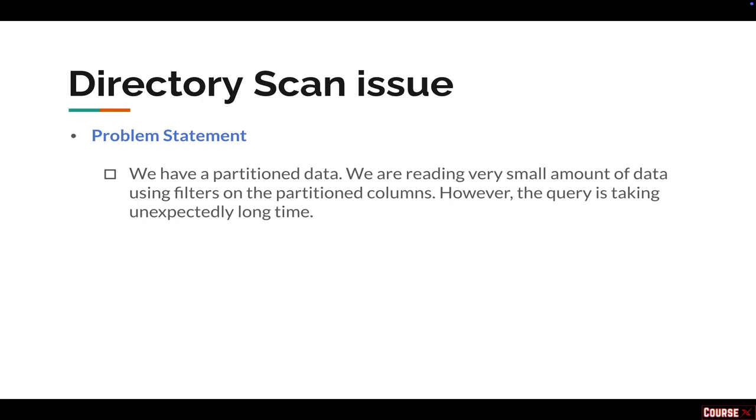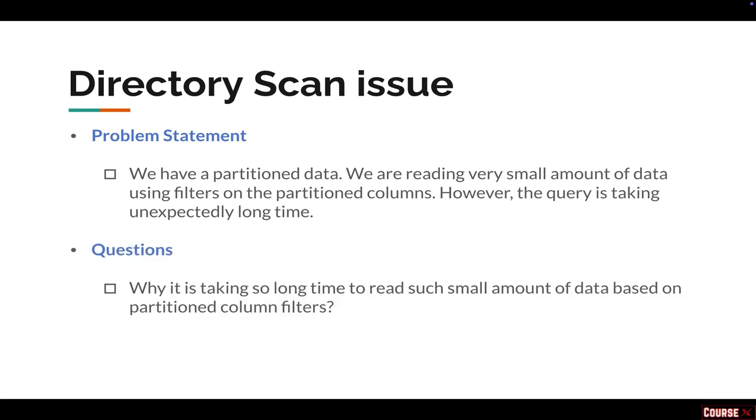So we know that if our data is partitioned based on certain columns and if we are using filters on those columns, then Spark will push the filters down to the storage layer to minimize the data read, right? In the last lesson we have learned that. So it was expected that the query will be taking much less time because the data is partitioned on the columns that we are filtering on, but it is taking unexpectedly long time, and that is their problem statement.